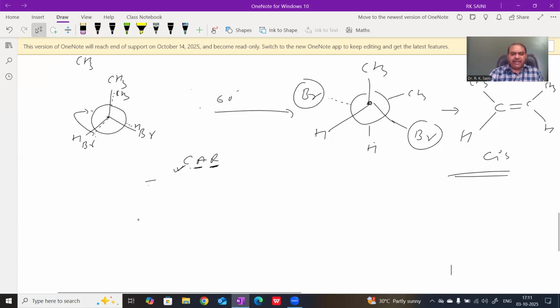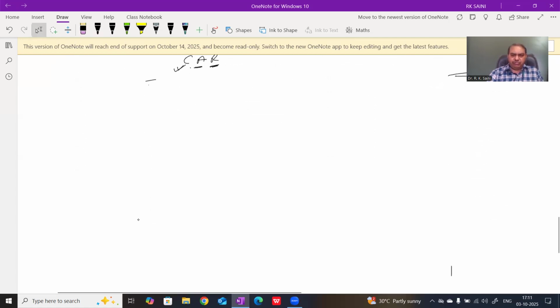Like addition, we write elimination also. Another example for the E2 mechanism.